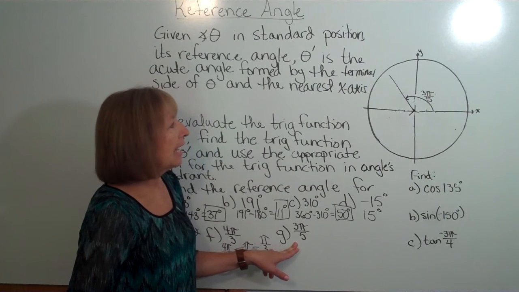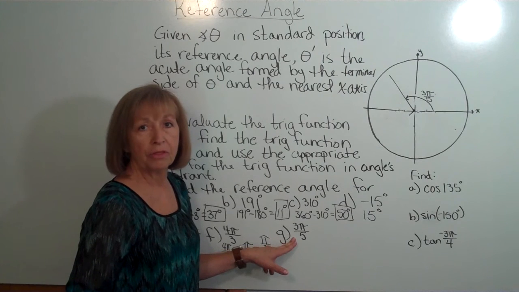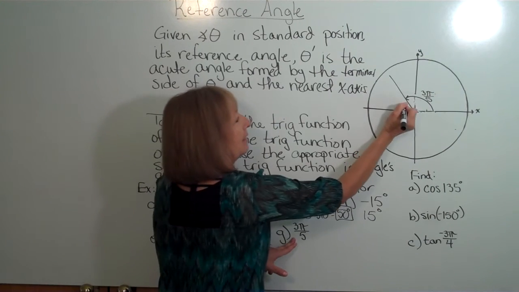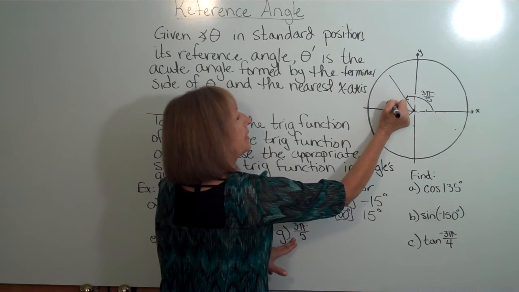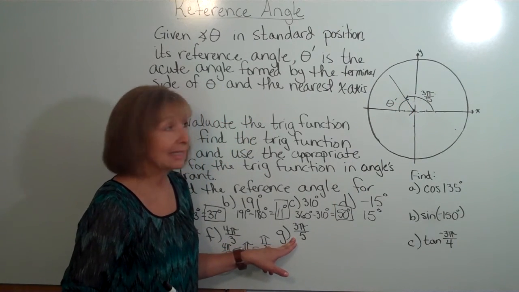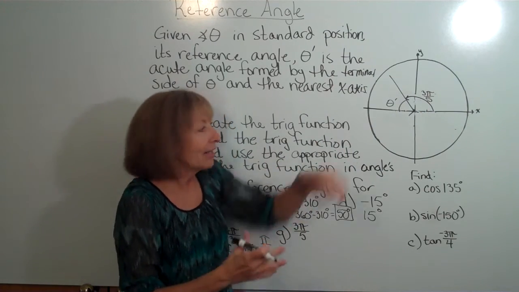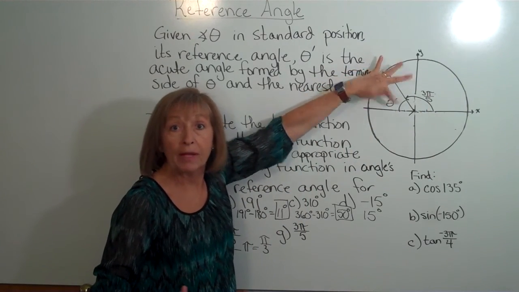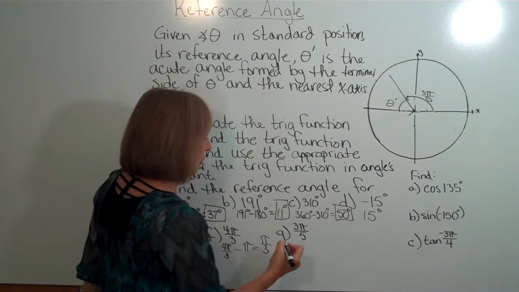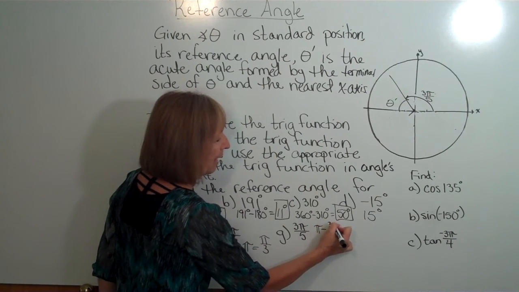So when I look at the second quadrant angle there with the 3 pi over 5, then theta prime, the reference angle, is to the nearest x-axis. Now 3 pi over 5 is shy the reference angle from going all the way to pi. So we will take pi and subtract the 3 pi over 5.